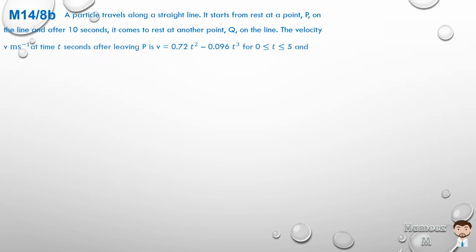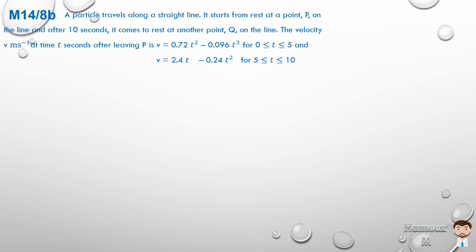The velocity v meters per second at time t seconds after leaving P is v equals 0.72 t squared minus 0.096 t cubed for the first 5 seconds, for the time interval 0 less than or equal to t less than or equal to 5, and there's a different velocity equation, v equals 2.4 t minus 0.24 t squared for 5 less than or equal to t less than or equal to 10, which means for the second 5-second interval. At maximum velocity, the particle has no acceleration.